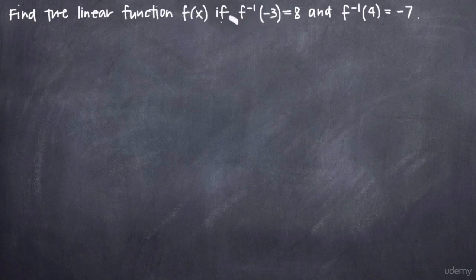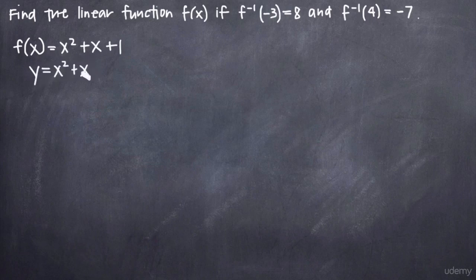So what we need to recognize is that f to the negative 1 of x is the inverse function of f of x. An inverse function is the same as the original function except with the x and y variables flipped. So if our original function, for example, is f of x equals x squared plus x plus 1, we can say that this is essentially y equals x squared plus x plus 1.